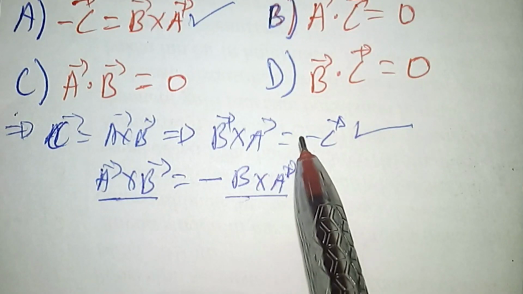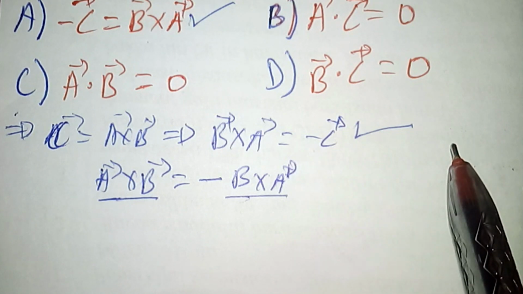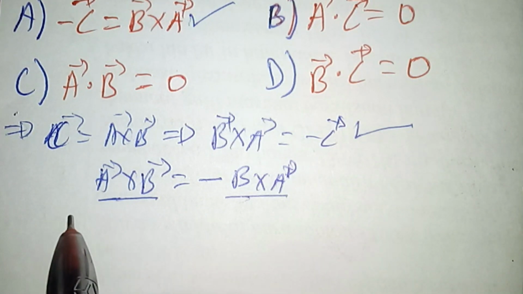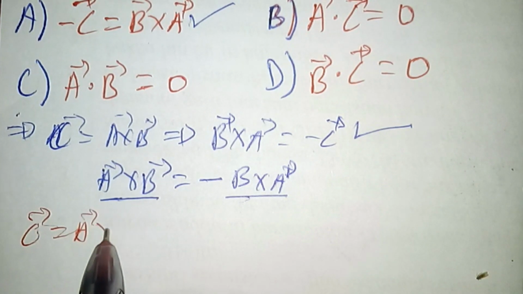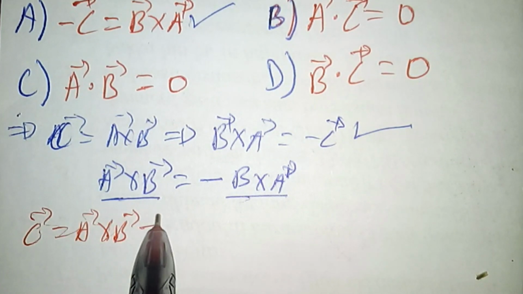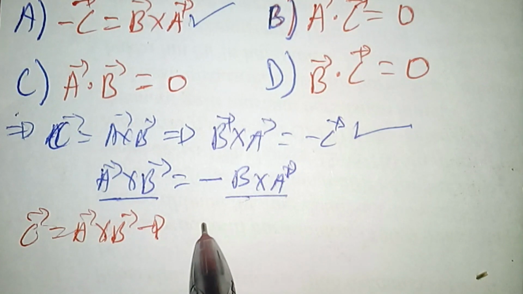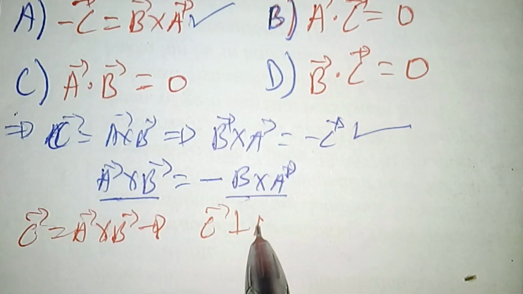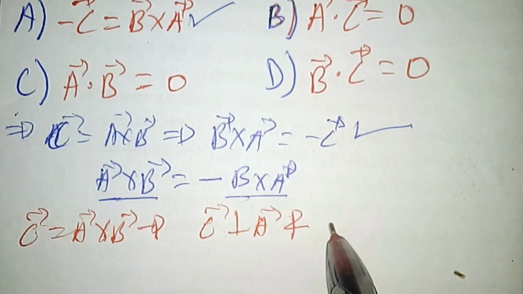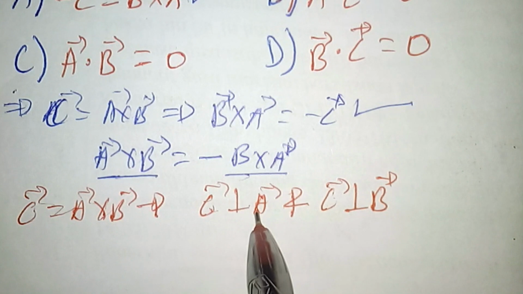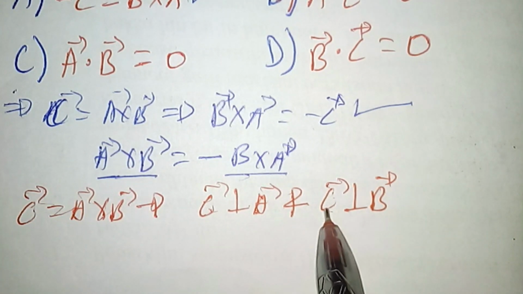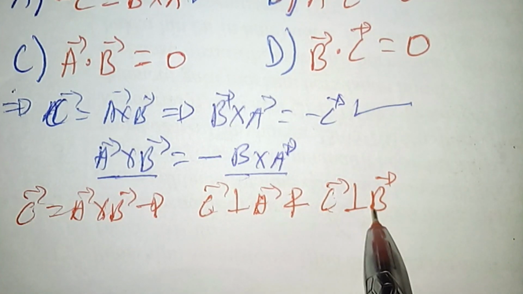So from alternative B, A dot C is equal to 0. We can check this also. If C is the cross product of vector A and vector B, then we can easily see that C is perpendicular to both A and B. So that means the angle between C and A is 90 degrees, and the angle between C and B is also 90 degrees.